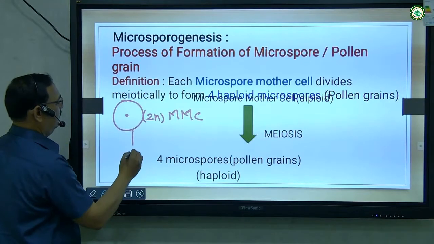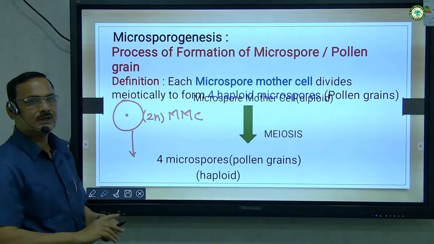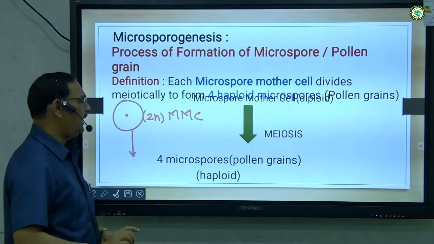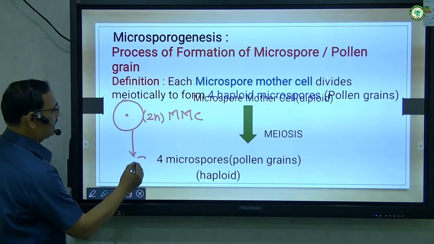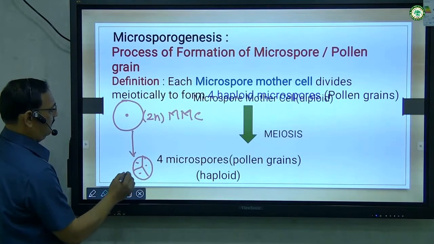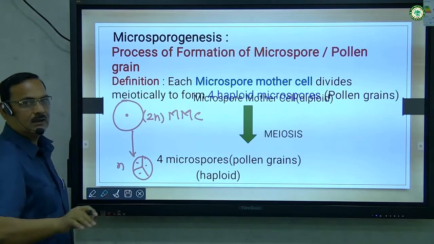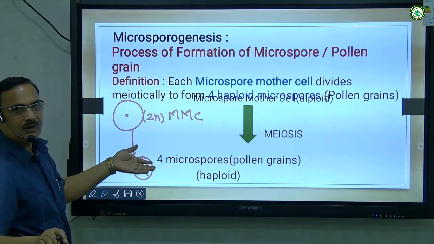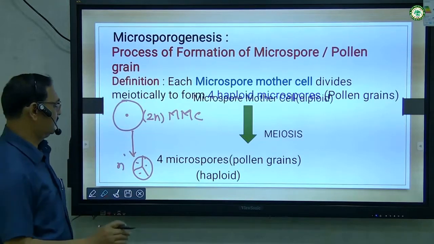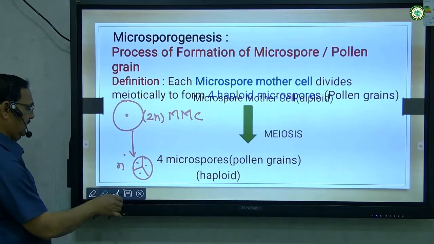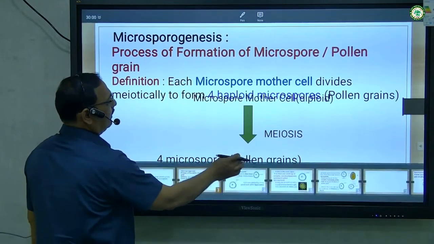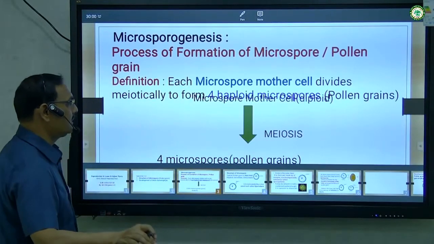Now this diploid microspore mother cell undergoes a process called reduction division or meiosis, and this results in formation of four haploid microspores. So these are the three and back of this is one. So totally four haploid microspores are formed and this process is called microsporogenesis. So this is the process by which the microspores are formed.